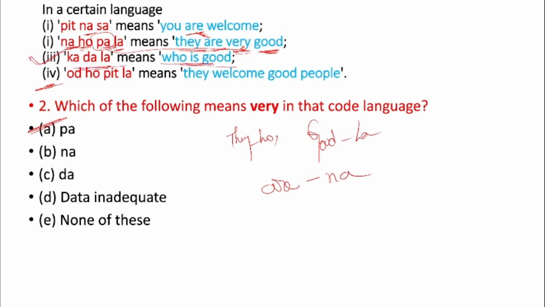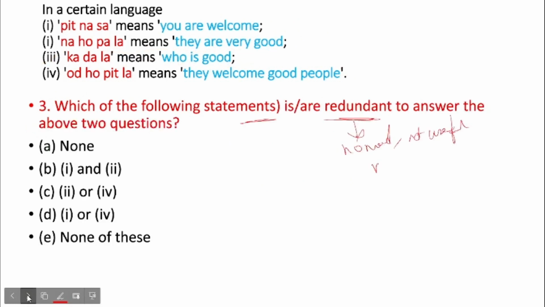Even without the third statement, we can solve these two questions easily with the first, second, and fourth statements. So the answer would be the third statement. Here, the third statement is not given in the options, so we will choose none of these as the answer.